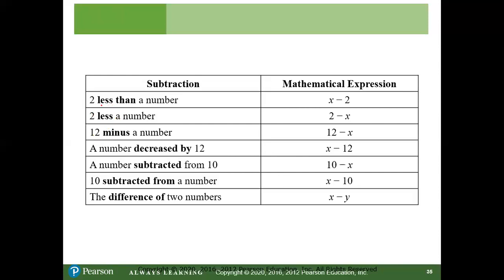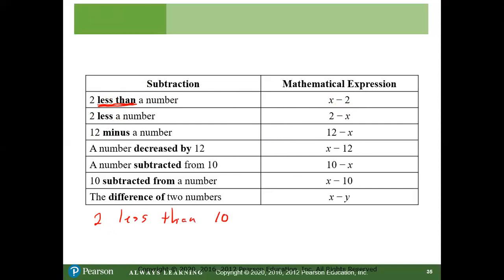This is probably the trickiest one that I see from students, because you have to switch the order. When it comes to subtraction, order matters. So 2 less than a number is going to be x minus 2. Think about it like this. What is 2 less than 10?